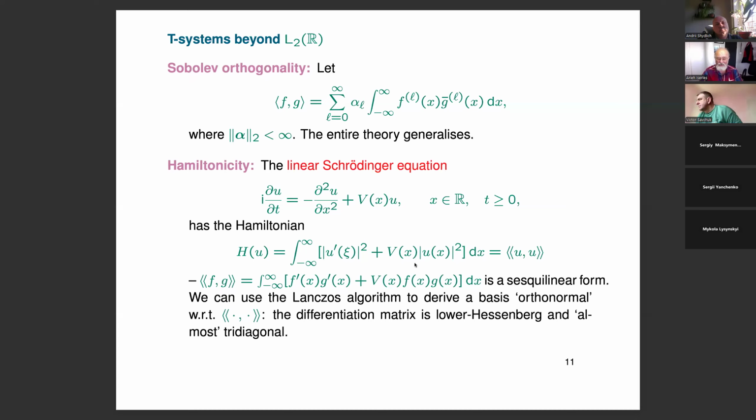This is not necessarily an inner product because V can be negative. And important potentials in physics can be negative, like the Lennard-Jones potential, but it is a sesquilinear product, and we can say this is a product of u and u. So if instead of u prime squared we have u prime v prime, and here u v, then this is an inner product of u and v.